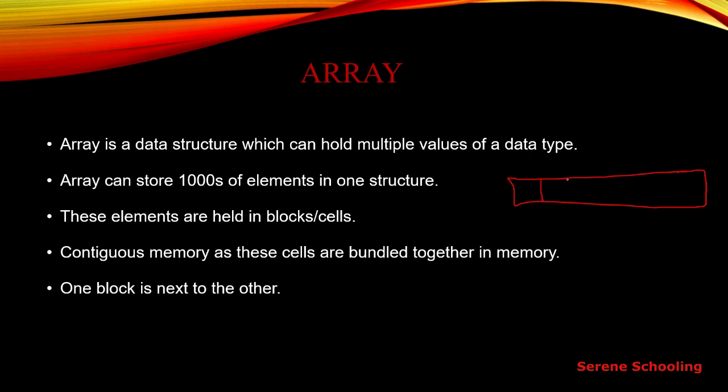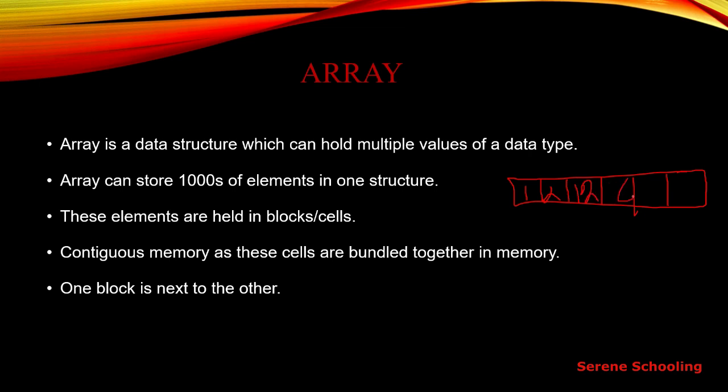Our whole array is divided into several blocks. This is what an array looks like in memory. Each block contains one element. This will contain one element like 1, this will contain 2, and this will contain any other element like 12.